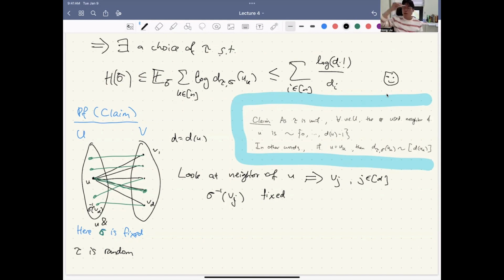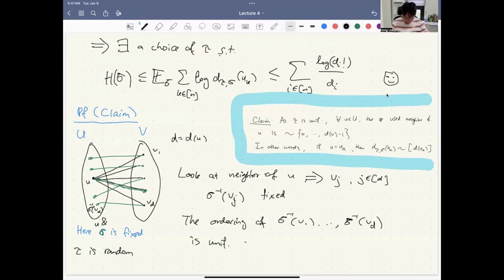Now, let's look at the relative ordering of the pre-image of Vj. The ordering of sigma inverse of V1 to sigma inverse of Vd is a restriction of tau on this set of d vertices itself. Because tau is uniformly sampled, this restriction on these d vertices is also uniformly sampled. This ordering is uniformly sampled over all d factorial permutations.